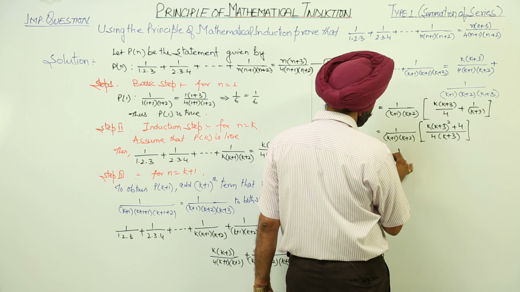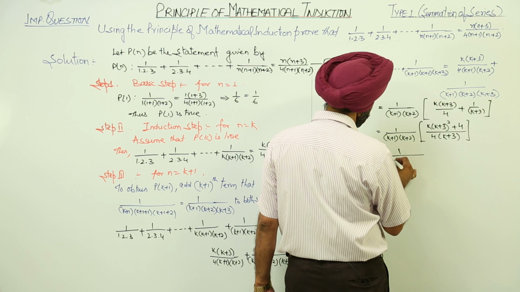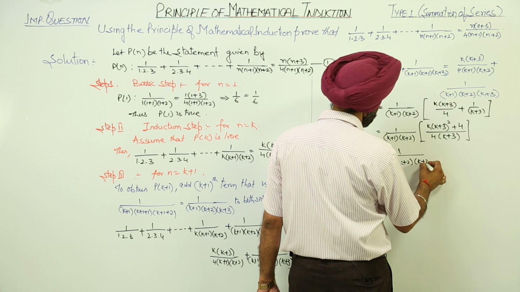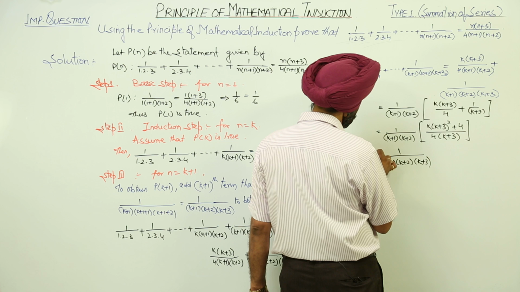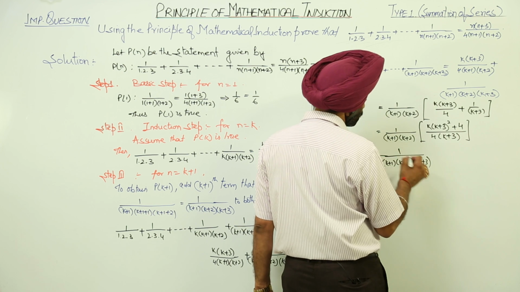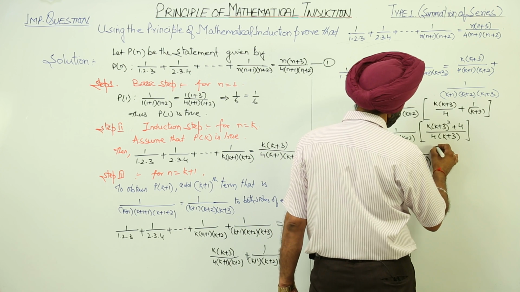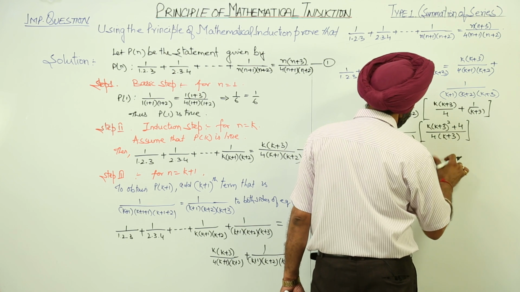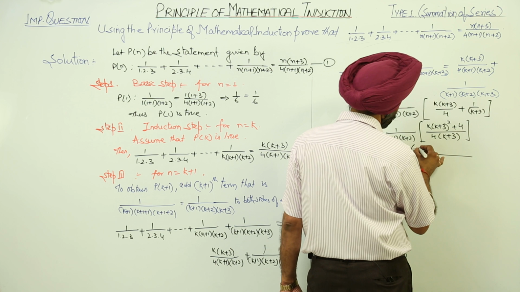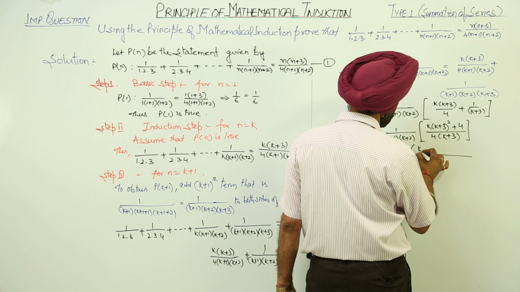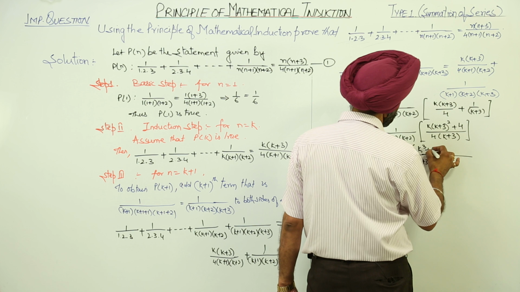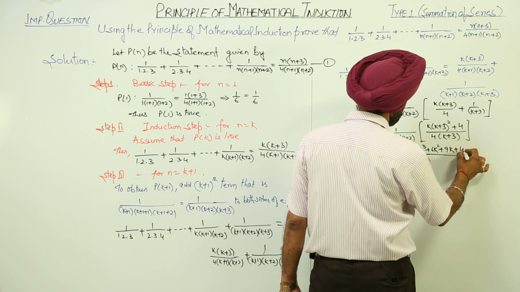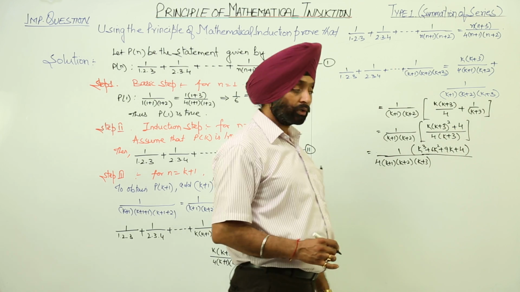Now, this becomes 1 upon k plus 1, k plus 2, k plus 3, 4, and here it becomes k cube plus 6k square plus 9k plus 4. Okay.